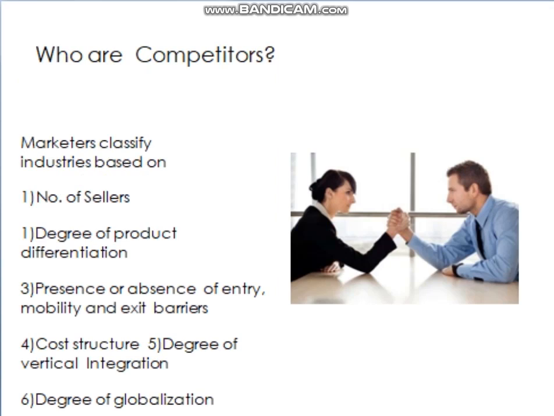For identifying who all are the competitors, marketers classify industries based on the following: the number of sellers, the degree of product differentiation, the presence or absence of entry, mobility, and exit barriers, cost structure, degree of vertical integration, and degree of globalization.